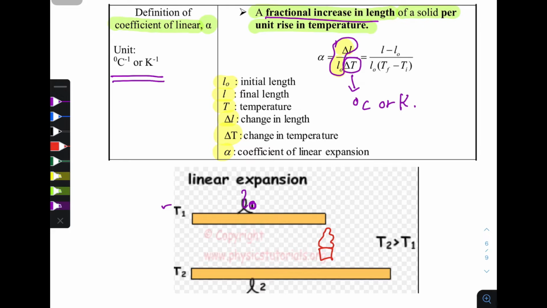Bila bakar, apa yang akan berlaku? Rod ni ataupun bar ni dia akan expand. Dia akan kembang ni. Nanti kamu akan dapat rod ni akan jadi panjangnya adalah L.